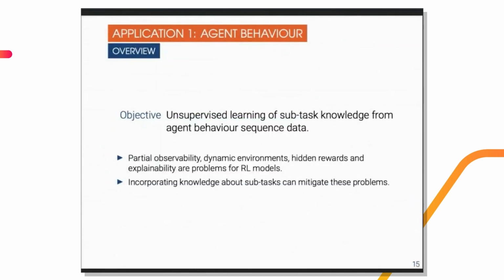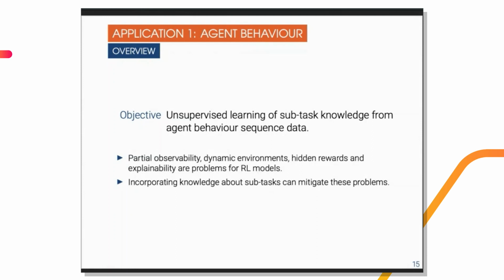This is work we're doing in collaboration with some colleagues who are interested in reinforcement learning. The basic problem is that some reinforcement learning problems suffer from sparse reward signals. So the reinforcement learning agent who's trying to achieve a certain goal, the overall goal might be obscured by certain intermediate obstacles.